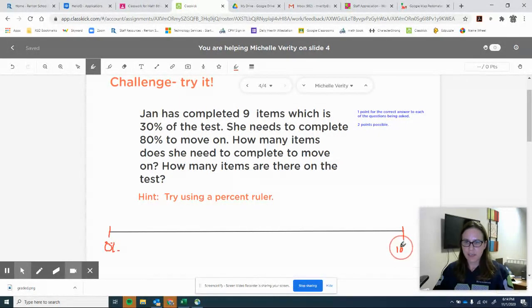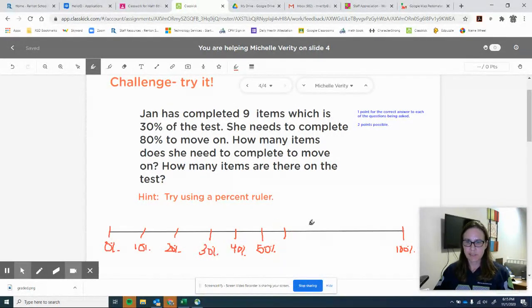And in this case, we know that she has 30% completed. So we need to find out where 30% is. What I like to do is mark my 50%. And 40, 30, 20, 10. I might as well go ahead and make the whole percent ruler.